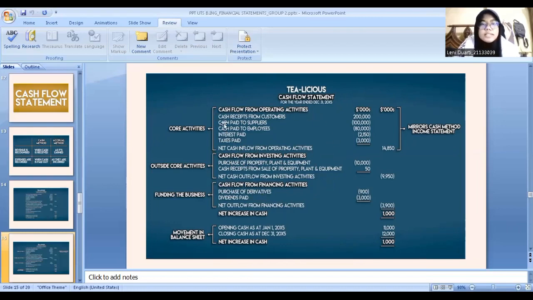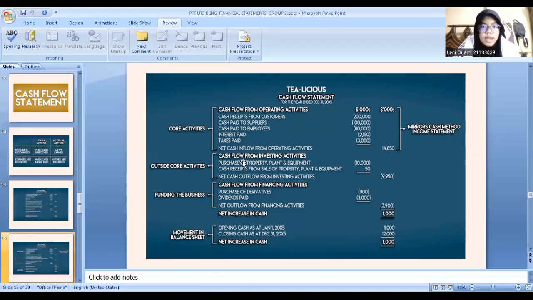So the first one is cash flow from operating activities. Cash flow from operating activities covers regular business activities. How much cash did Delicious bring in while selling tea? Delicious is using the direct method. So this section mirrors an income statement prepared under the cash method of accounting.